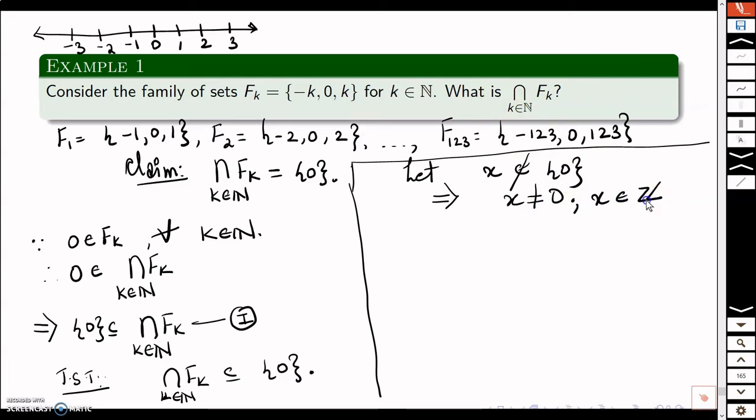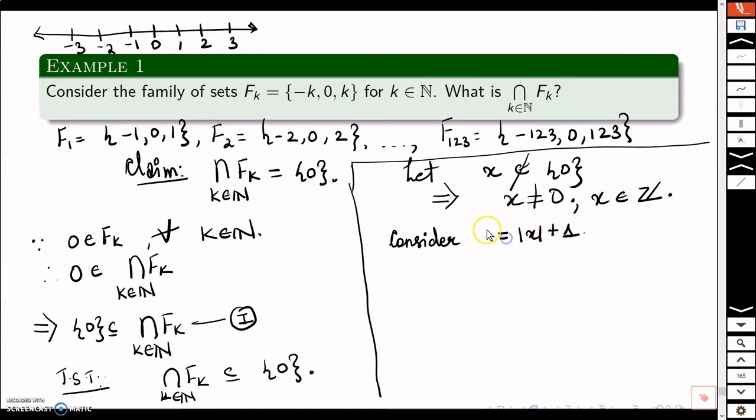Okay, so k is a non-zero integer, so it could be positive or negative. To make sure I get a natural number from this point x, which is non-zero, what I do is I take its absolute value and add 1 to that.